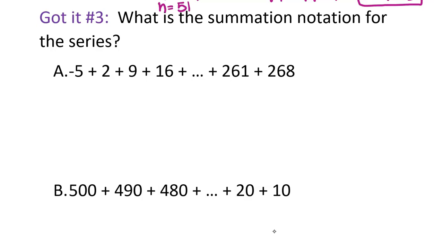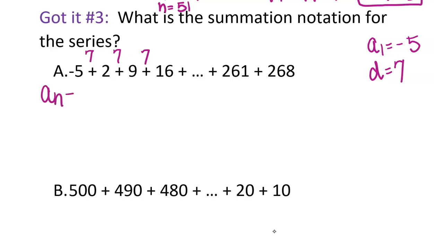So got it number 3. What we need is our first term, which is -5, our common difference, which when you look at it, you'd say 2 minus -5, which would be 7. 9 minus 2, which is 7. 16 minus 9, which is 7. So my common difference is 7. Now I'm going to plug it into my sequence formula.